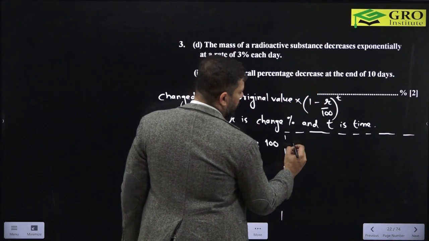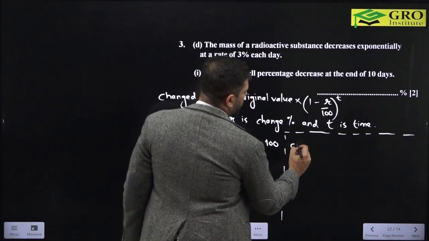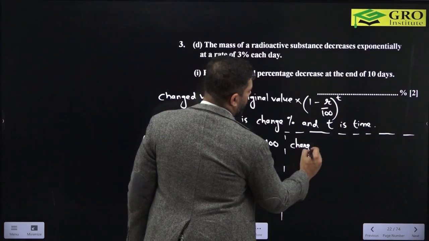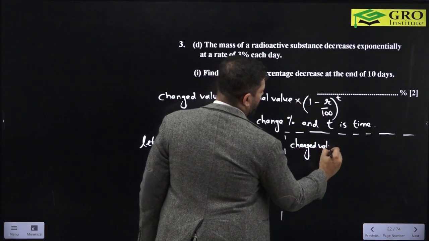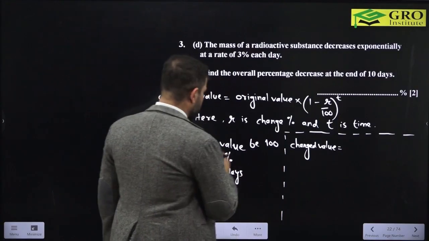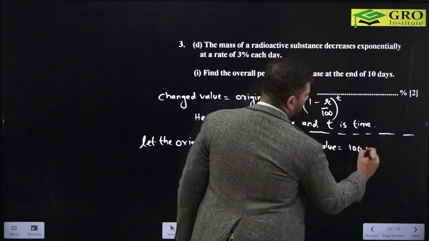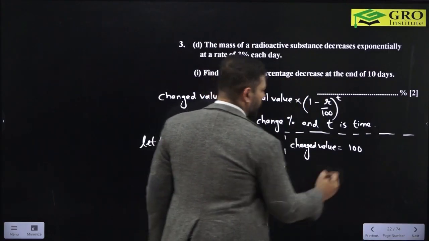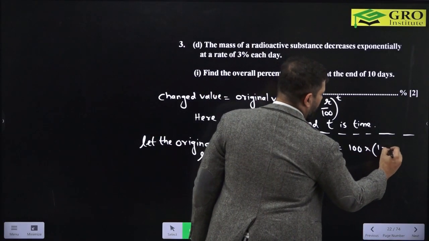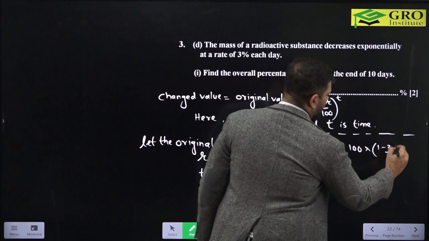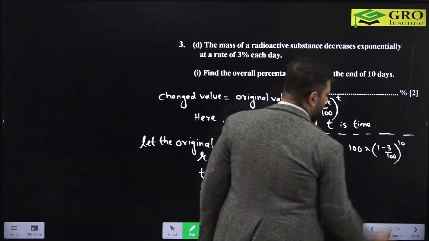We know the changed value we are finding out. So changed value will be original value. What is original value, guys? We have taken it to be 100 multiplied with 1 minus 3 by 100 raised to power 10.